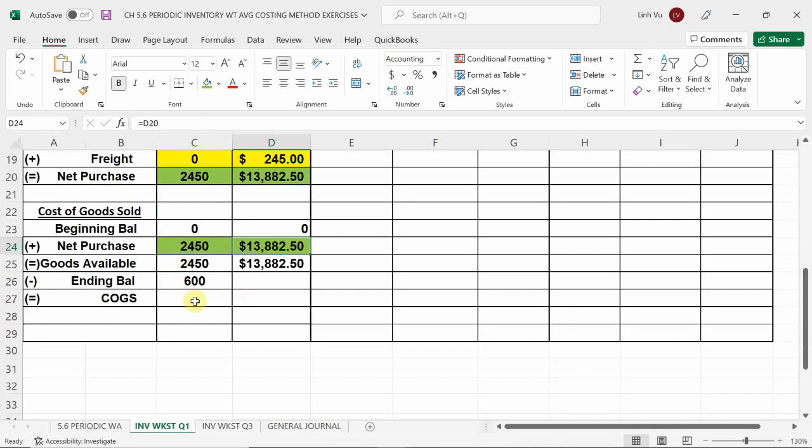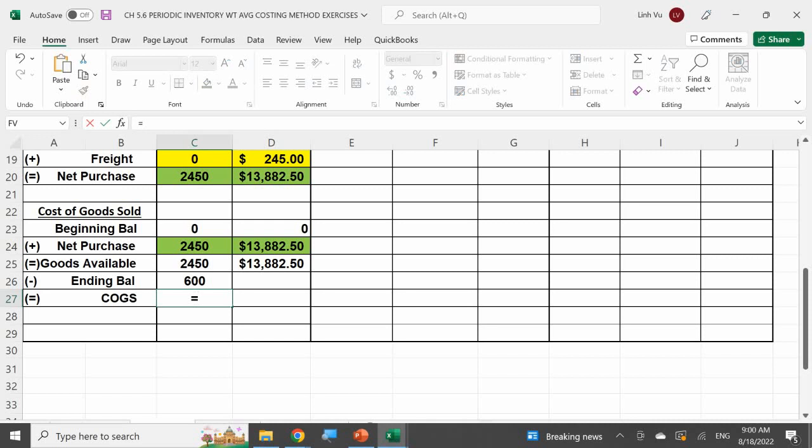So now that we know that we have 600 units available at the end of our inventory, we know that we have 2,450 units to begin with, right? So how many units have I officially sold? 1,850.